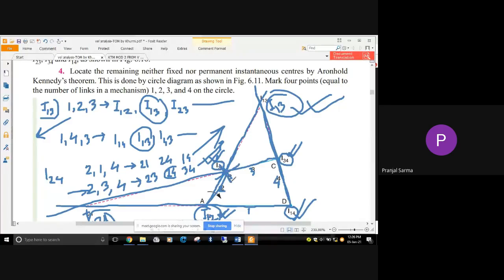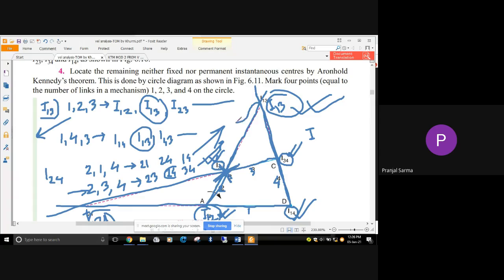We know that the velocity, if we are talking about the instantaneous center, is proportional to the distance from it, right? And now this I13B is this length.